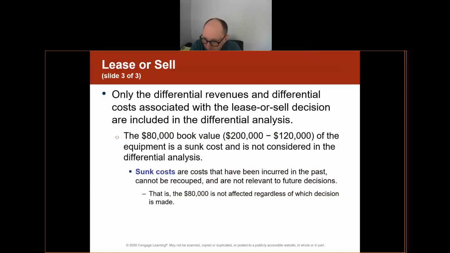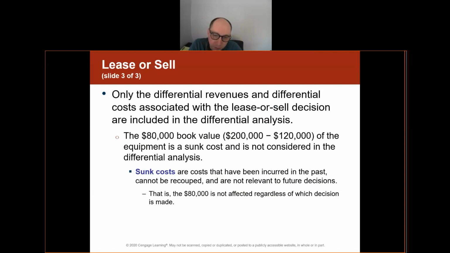Now, here we go. This is where I wanted to get into it. Here's the thing. The piece of machinery is only worth 80,000 before I even decide to lease it or sell it. We call this a sunk cost because I've already spent that money. I can't recover that. It's already depreciated.